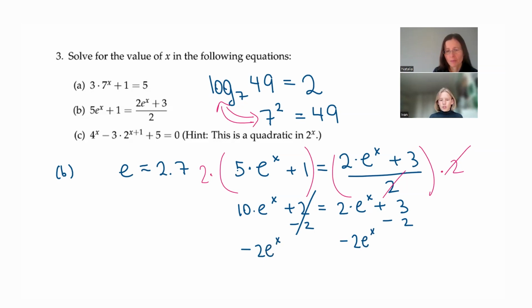And we would get 8 times e to the x equals 1. So we divide both sides by 8, and we'd get e to the x equals 1/8.